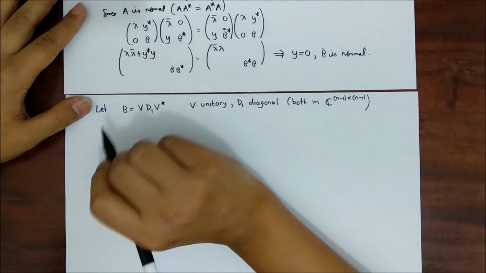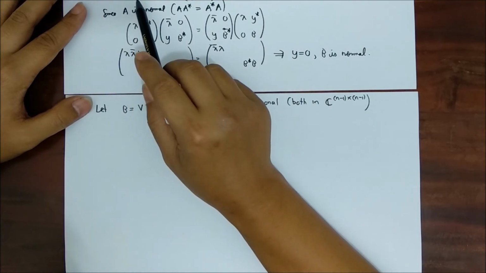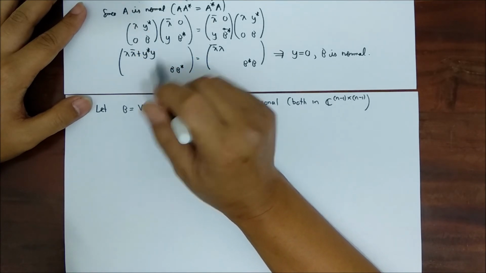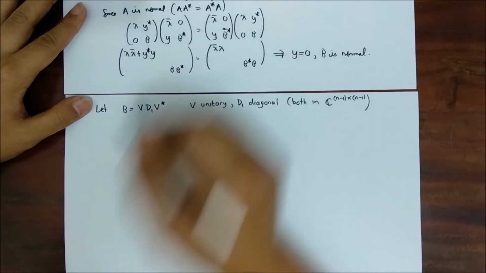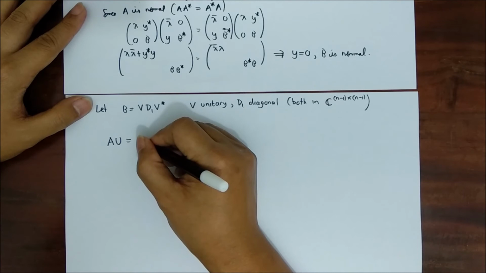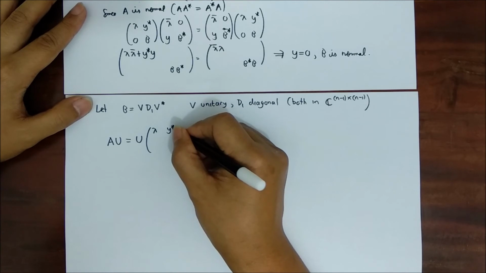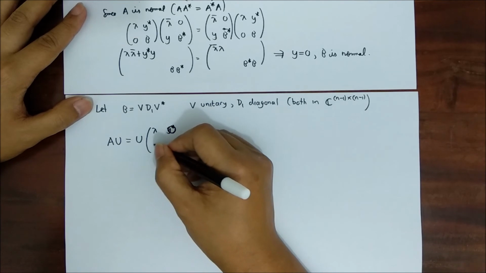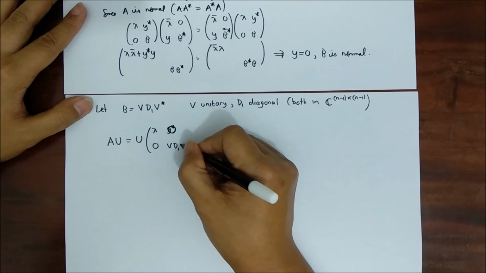Now, in order to diagonalize A, we need to use this D1 and this lambda. So let's rewrite this as follows. AU is equal to U times (lambda, y star; 0, B). Remember that y star is 0, so this is just 0, and then our B is exactly V D1 V star.